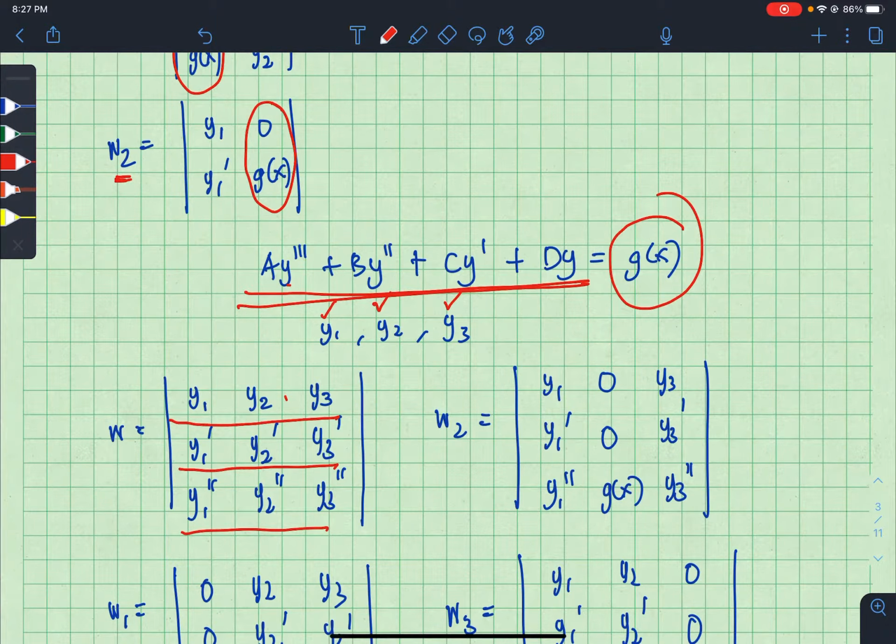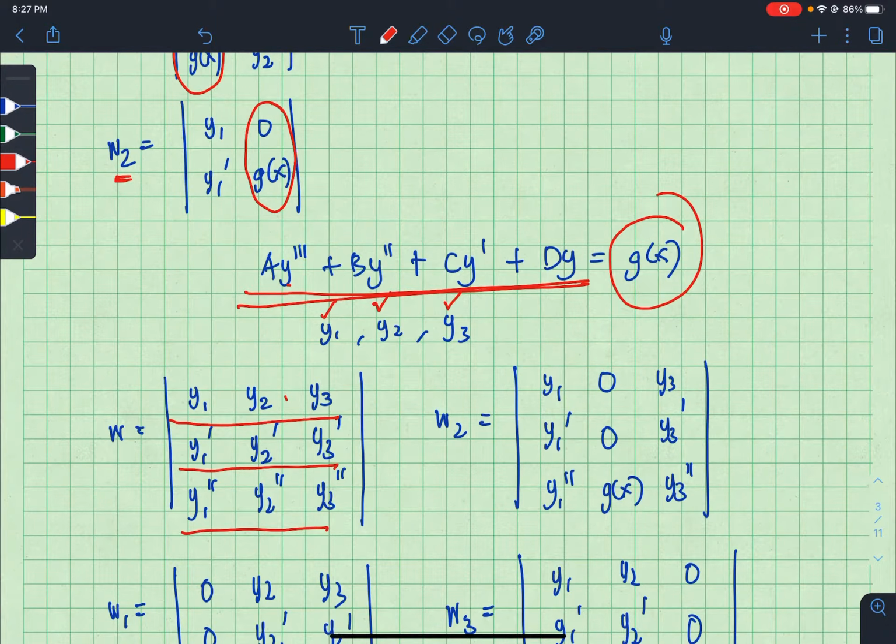For our w sub 1, so 0, then we're going to attach our g of t. That is e raised to negative t ln t. And then t e negative t, negative t e negative t plus e negative t.